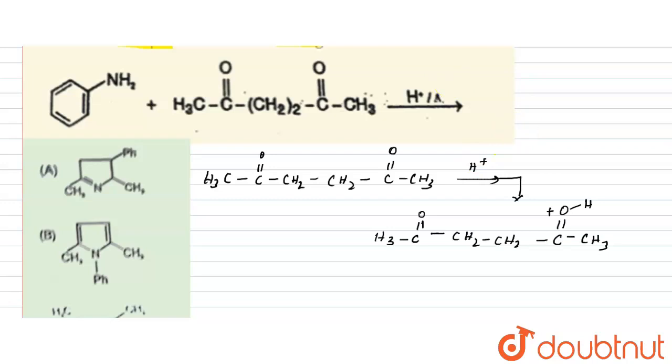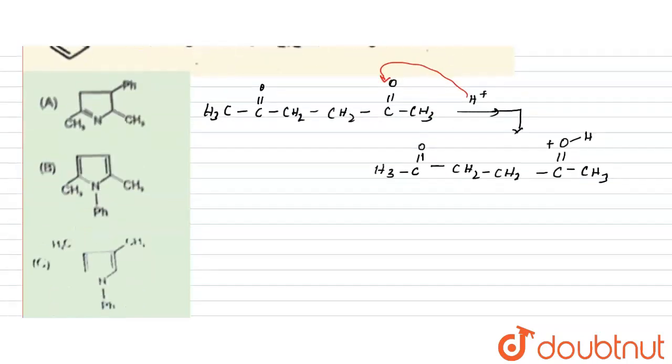So this H plus will attack here, and finally it will form the compound like this. Now you can see that the positive charge on this carbon has been increased, that is the electrophilic nature.